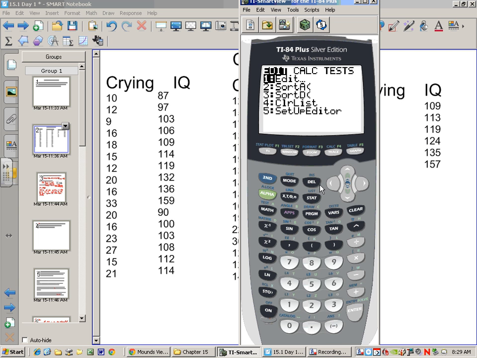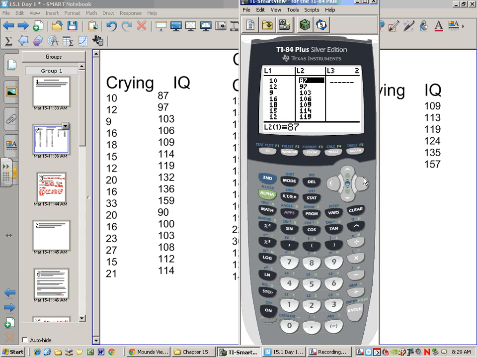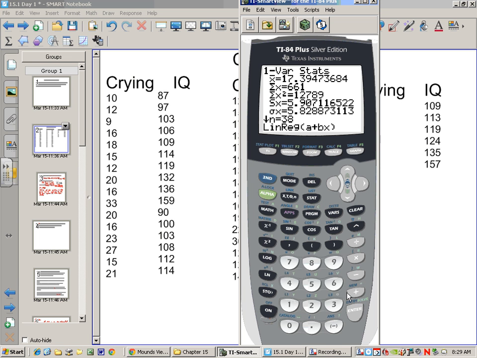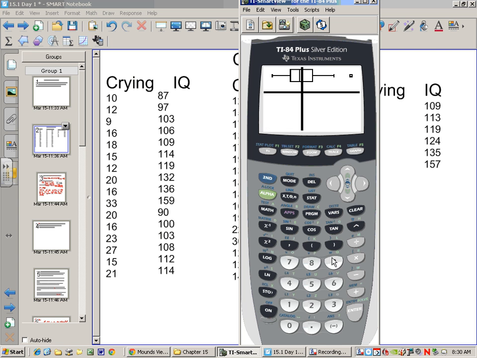All right. So we want to do linear regression. That was 8, not one variable stats. Now this puts it into the linear regression. And now if I hit zoom stat, now this will be here.